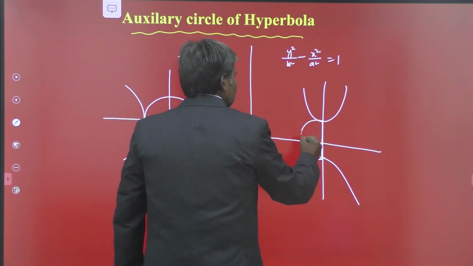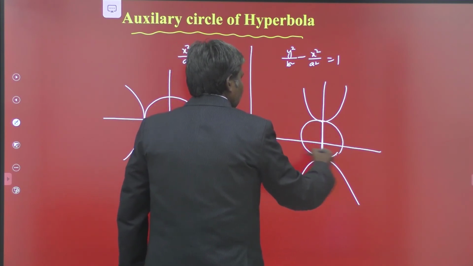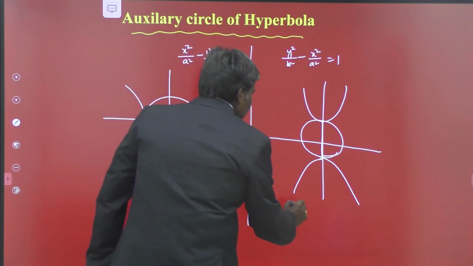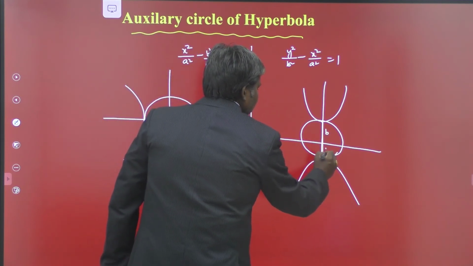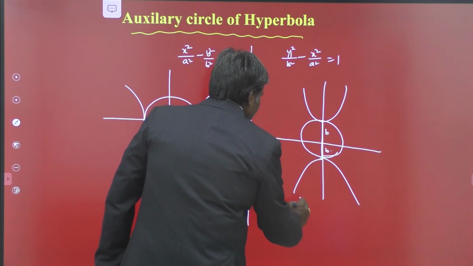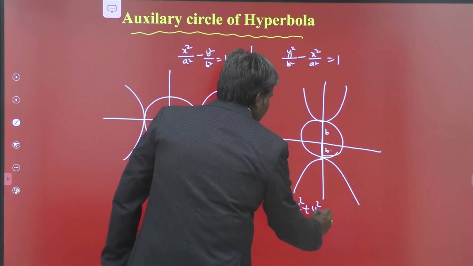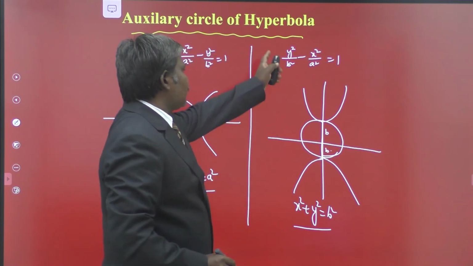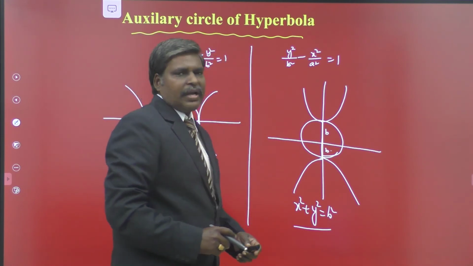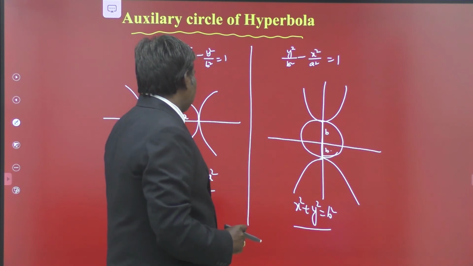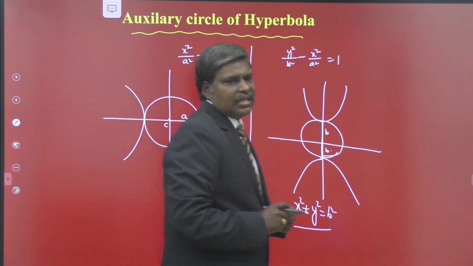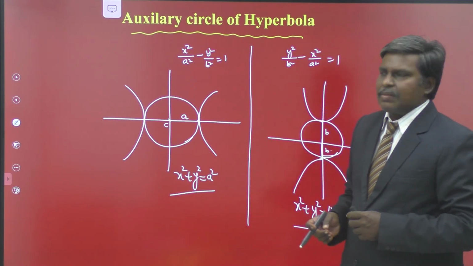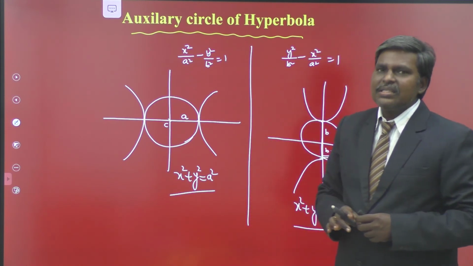You construct a circle with this as diameter, and this is the auxiliary circle for that. So its equation is what? This is b, this is also b units. x square plus y square is equal to b square is the equation of the auxiliary circle for y square by b square minus x square by a square equal to 1. So simply, the circle described on the transverse axis as diameter is called the auxiliary circle.